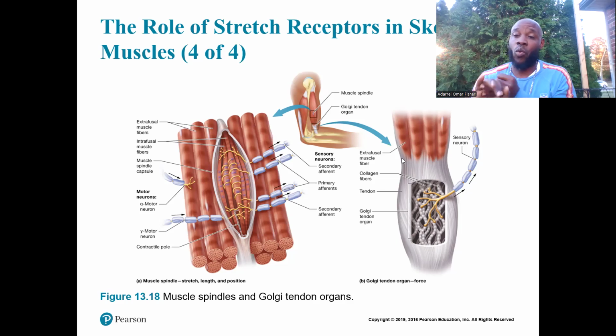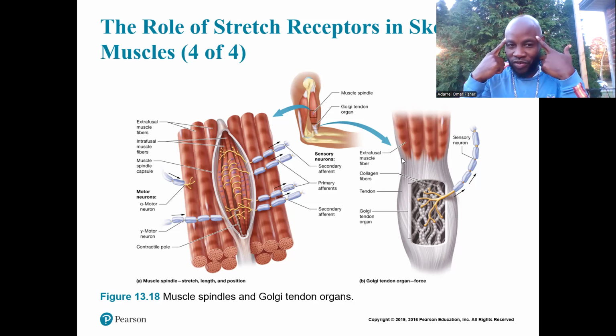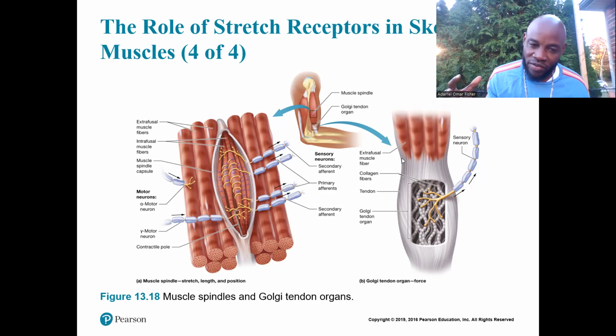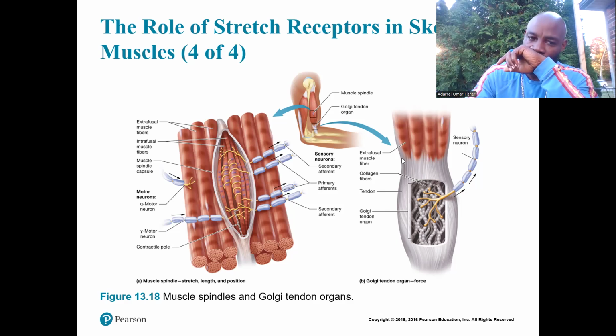They can sense where your muscle is, like if it's stretched out, if it's contracted. So it is sending all of this sensory information to the central nervous system, right? Between the muscle spindles and the Golgi tendon organs, we have data being sent to the brain, right?